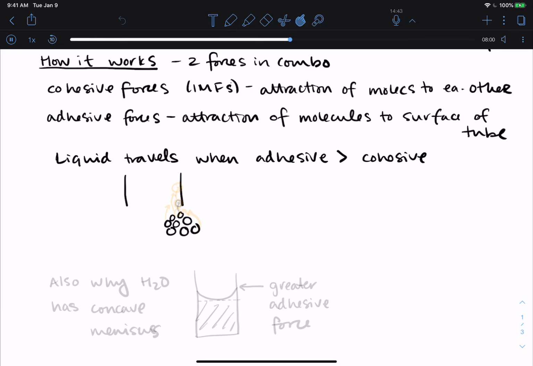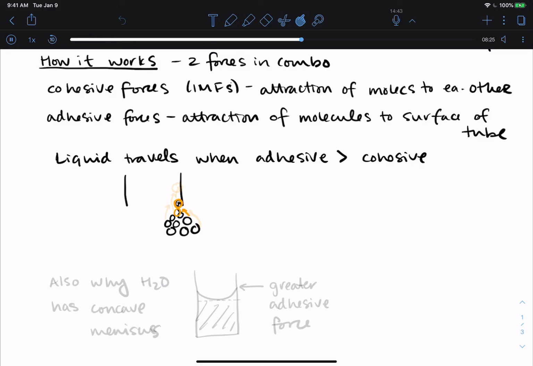What happens is that one water molecule will be attracted to the side. So this water molecule will go up here. Let's get this in a different color. But then it's also still really attracted to the water molecule that's down here. So this one gets pulled up, and now it's attracted.